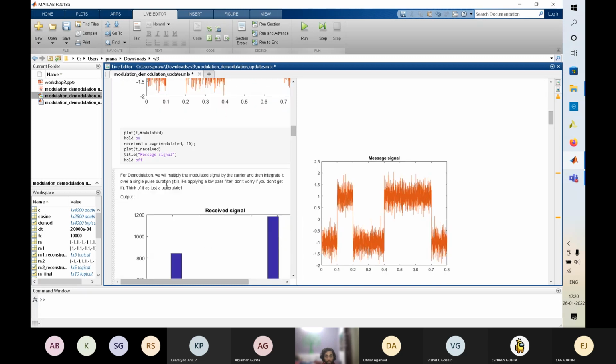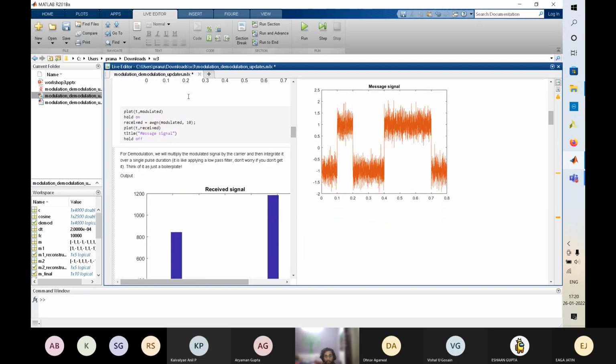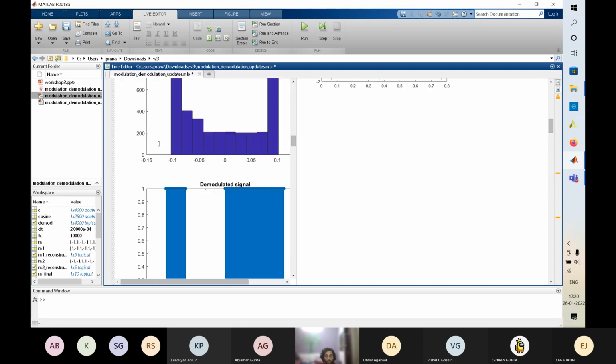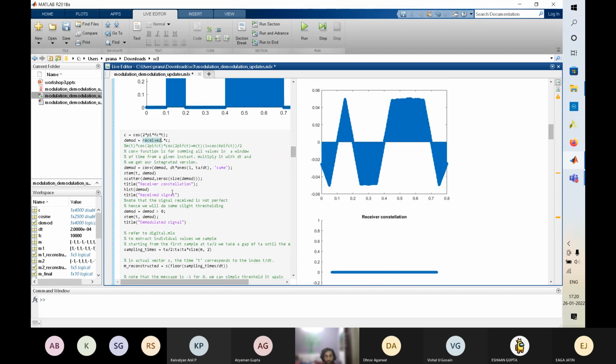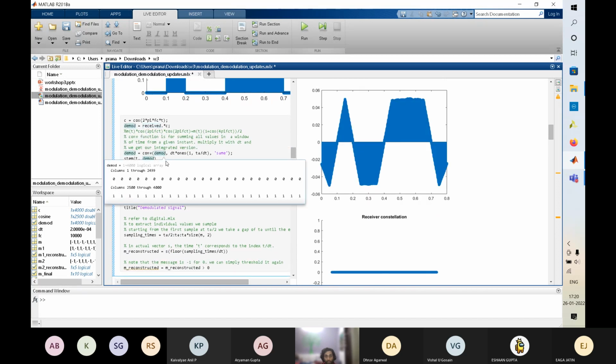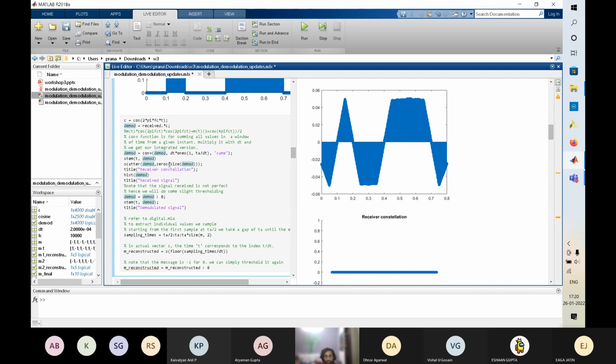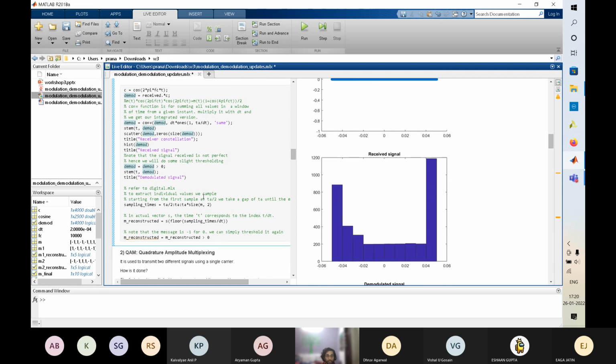Then this is the channel part, so to mathematically simulate it, we use AWGN. Then the demodulation, then the low pass filter, which comes under demodulation only. Then we are basically reconstructing the previous signal.